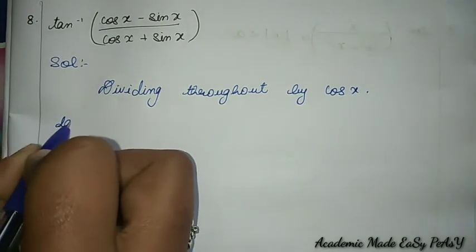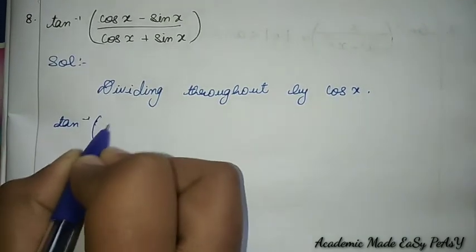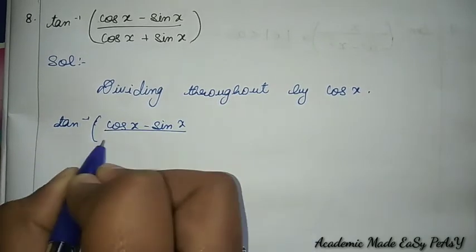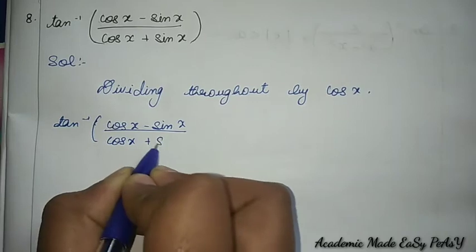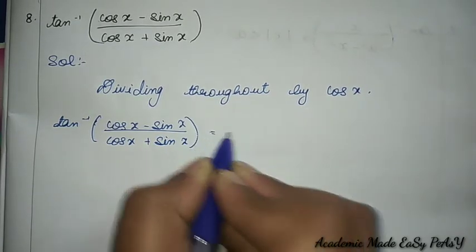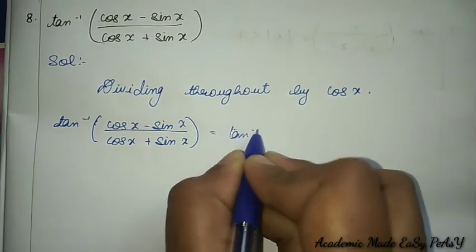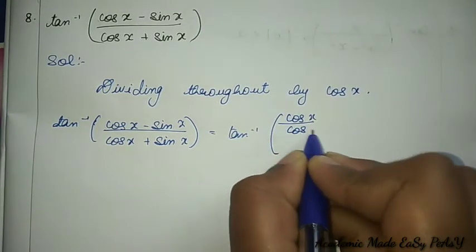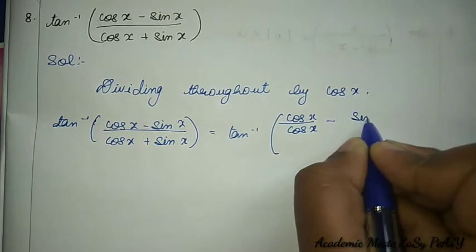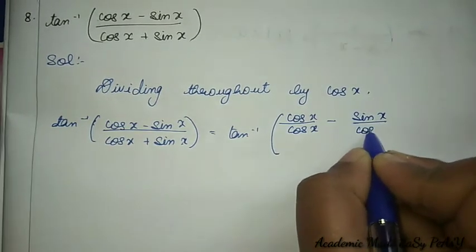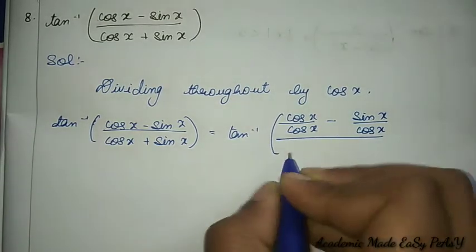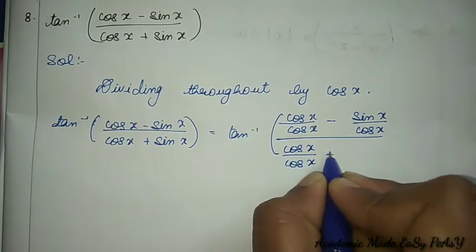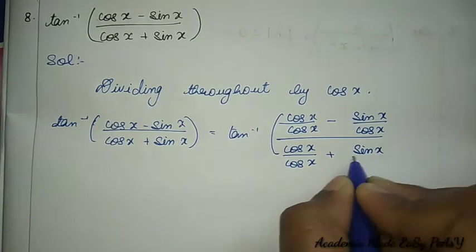So therefore, tan inverse of (cos x minus sin x) divided by (cos x plus sin x) is equal to tan inverse of cos x by cos x, so each and every term, minus sin x by cos x, whole divided by cos x by cos x plus sin x by cos x.